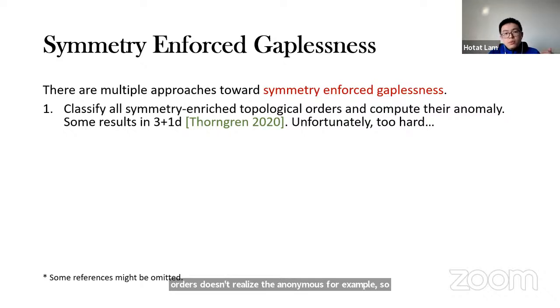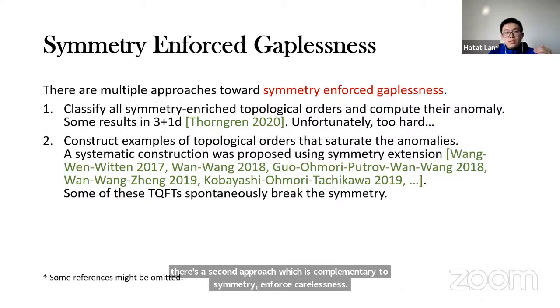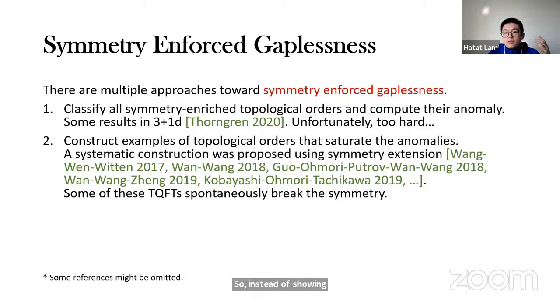So there's a second approach, which is complementary to symmetry-enforced gaplessness. Instead of showing symmetry-enforced gaplessness, let's just construct explicit symmetry-preserving topological orders that match the anomaly. If we can construct this, then immediately we know that this anomaly cannot enforce gaplessness. It turns out that for a large class of anomalies, there are rather systematic constructions of topological orders that match the anomaly.